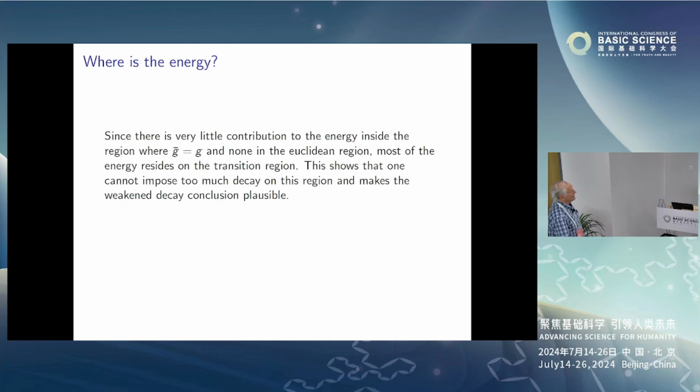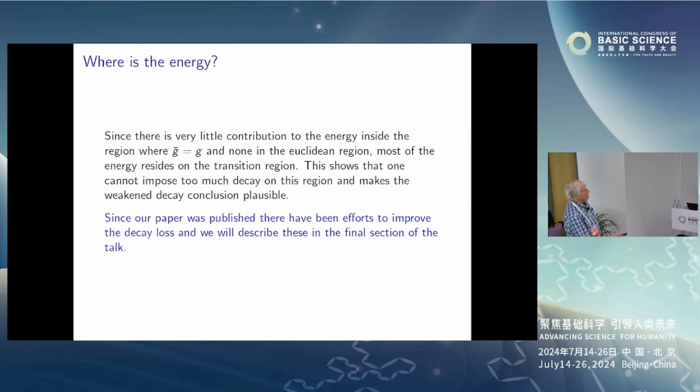And so, in fact, in our theorem, we actually gave up a little bit of decay on that region. And so most of the energy would reside in that transition region. We took a very small angle cone. And so this shows that you can't impose too much decay. So in our case, we gave up a little bit of power.